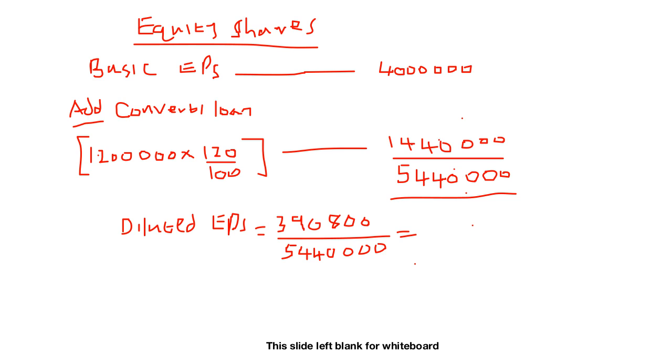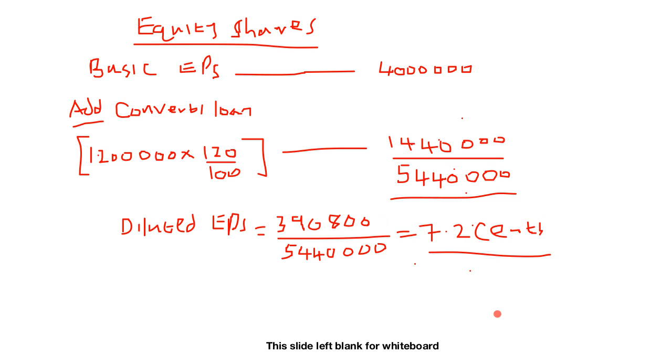Bonfas Nyaga, 7.2. Margaret, 7.2. So 7.2 cents. I think that is correct.